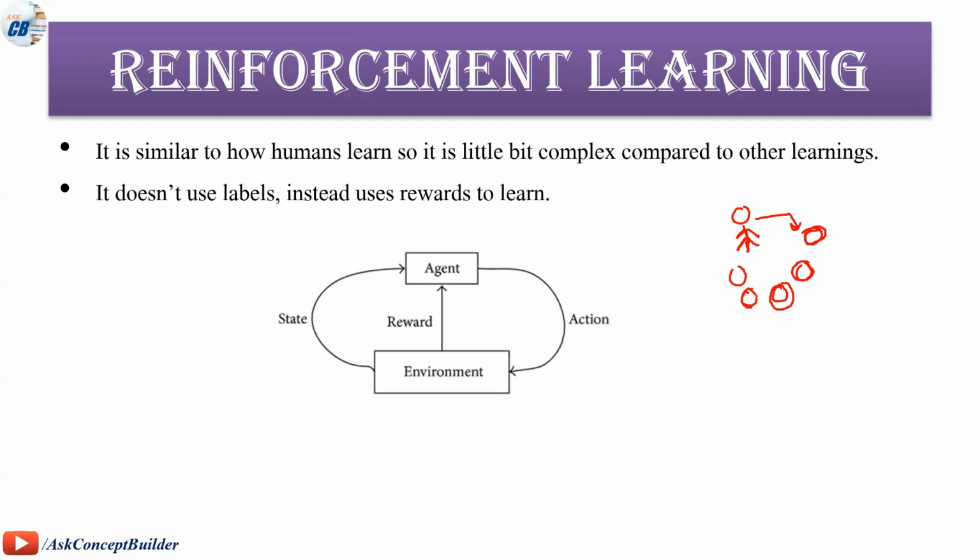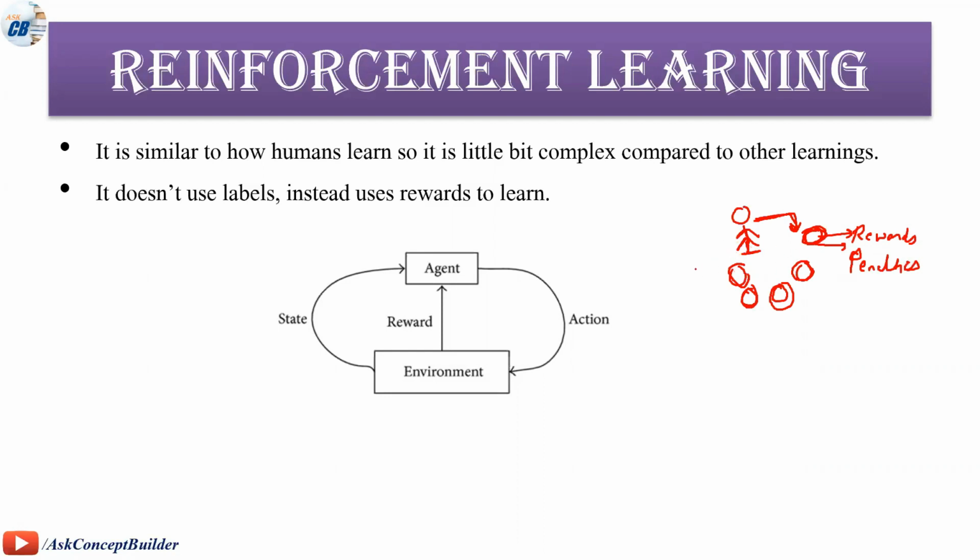So I will simply sit here and observe all of them playing, seeing with which move they are getting points and with which move they are getting penalties. By observing for a certain time, I will get to know which moves give me rewards and which moves give penalties. So I am learning by the trial and error method, by observing.